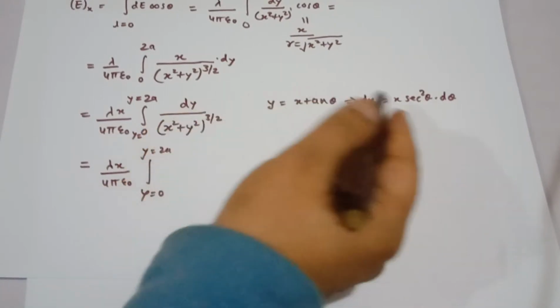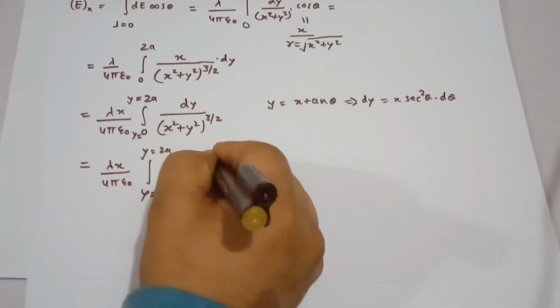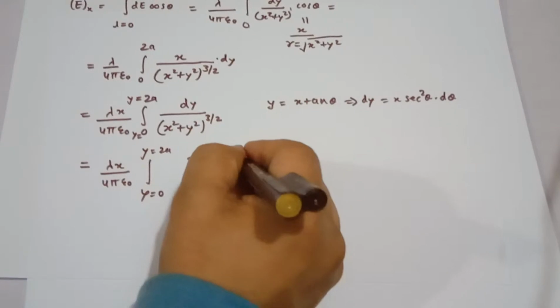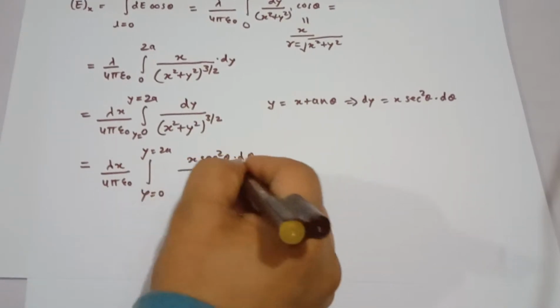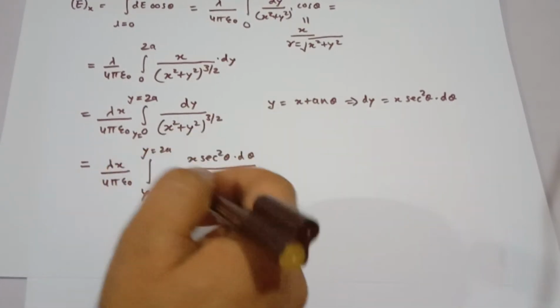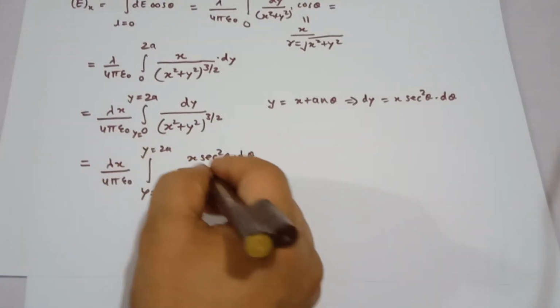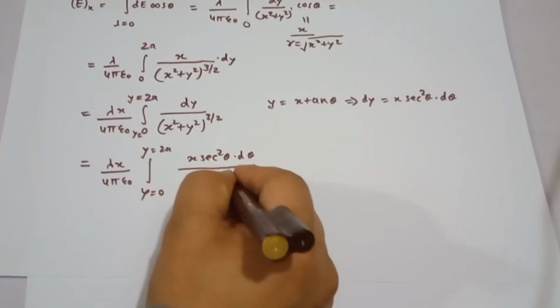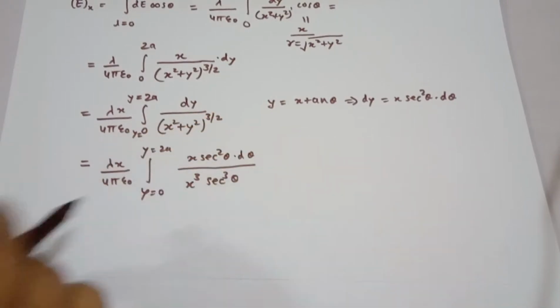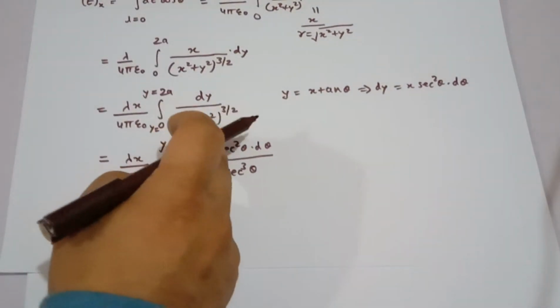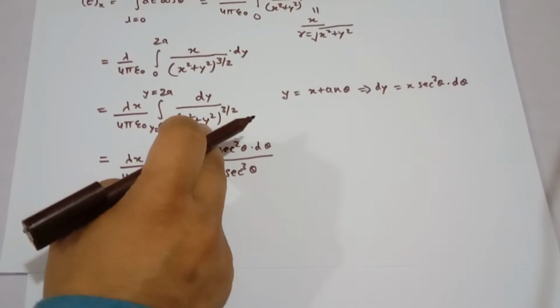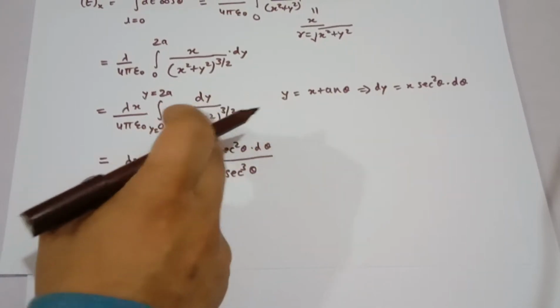Then we put this value here, so that is x into sec square theta d theta divided by x cube, which would come out, and that would be sec cube theta. Other things would be cancelled out. 1 plus tan square theta becomes sec square theta, and sec square theta to the power 3 by 2 would be sec cube theta.